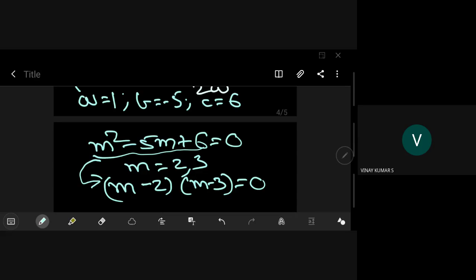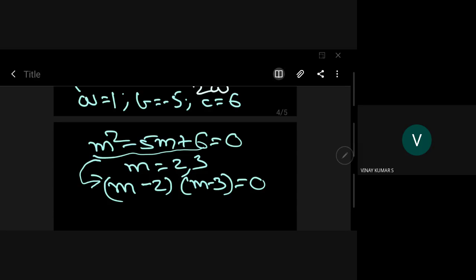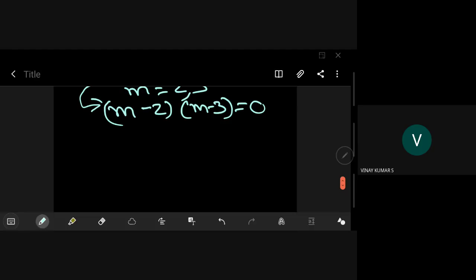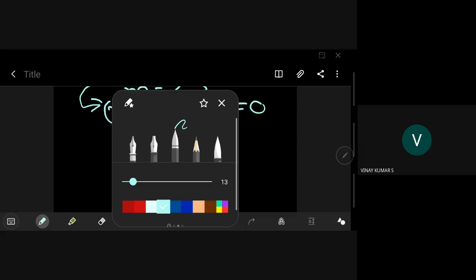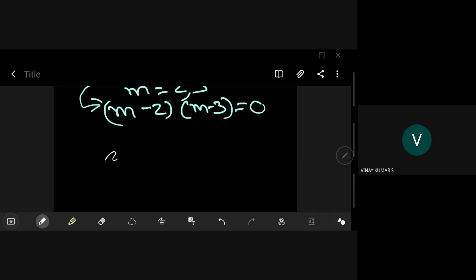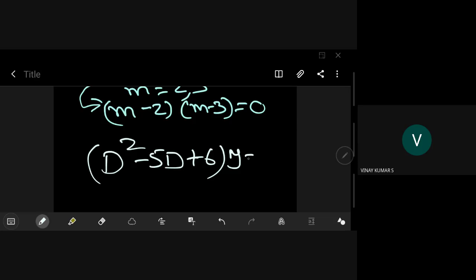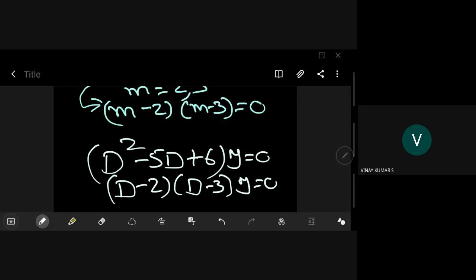The given differential equation, if required, since in the next slide we sometimes want this type of notation, can be written: d square minus 5d plus 6 acting upon y is equal to 0 as d minus 2, d minus 3 acting on y is 0. So we found the roots now.